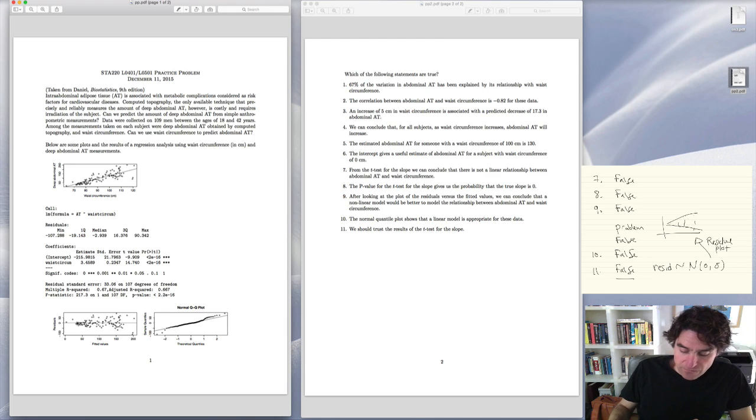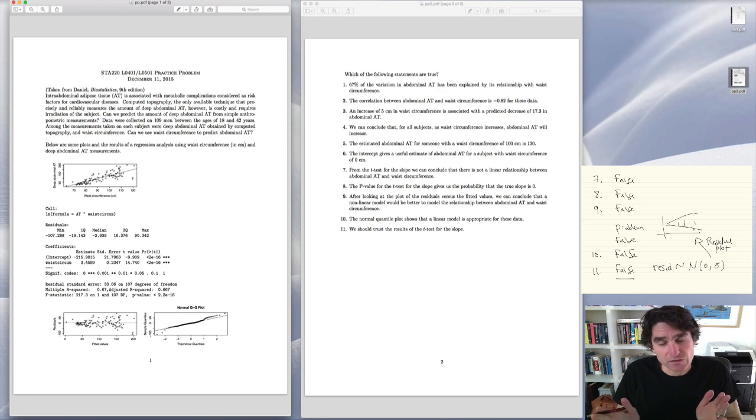But you can see from the residual plot that as the fitted values are increasing, the residuals are increasing as well. This implies that the variance is non-constant, so therefore we shouldn't trust the results of the t-test for the slope.